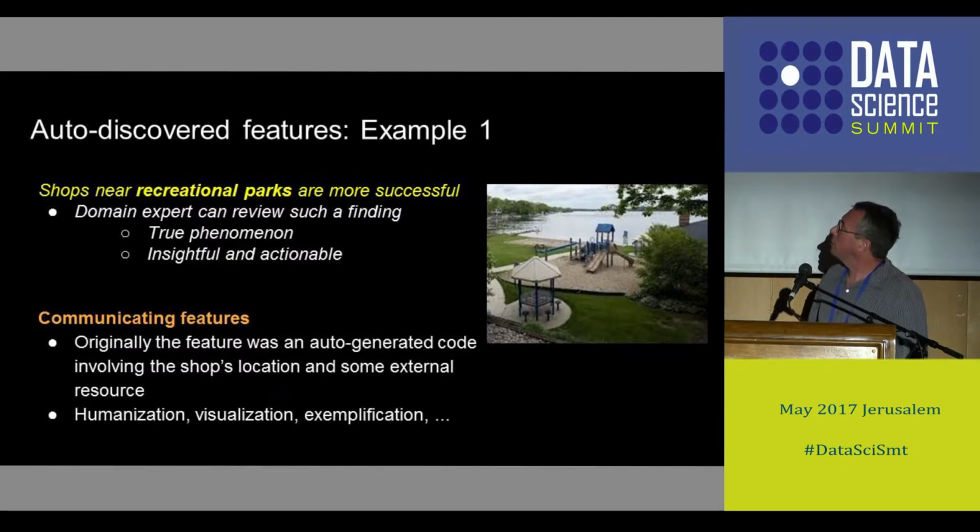So here's the first feature, and it says that shops of a certain type, if they are located near a recreational park, are going to be more successful. Now, when I put a statement like that, this is something that a domain expert can review, okay? And in this case, it turned out to be a true phenomenon.